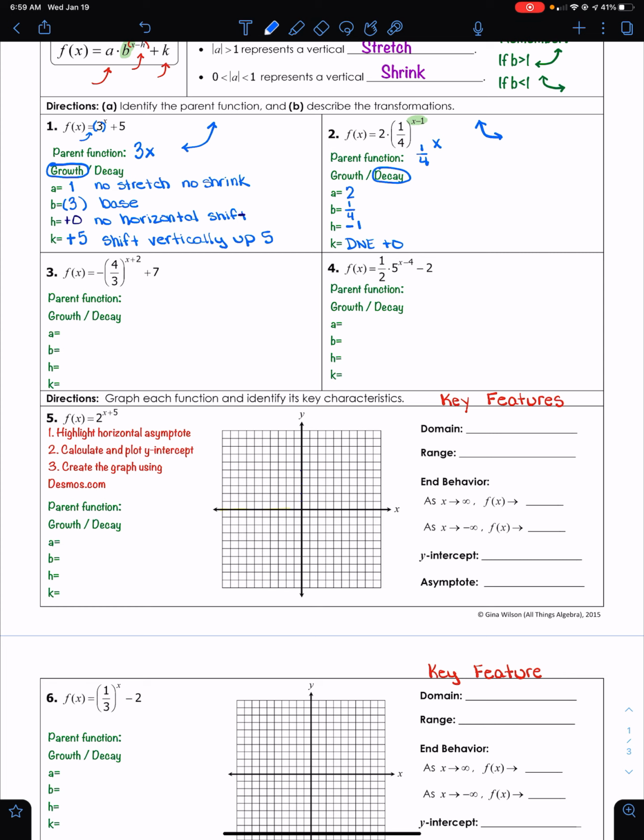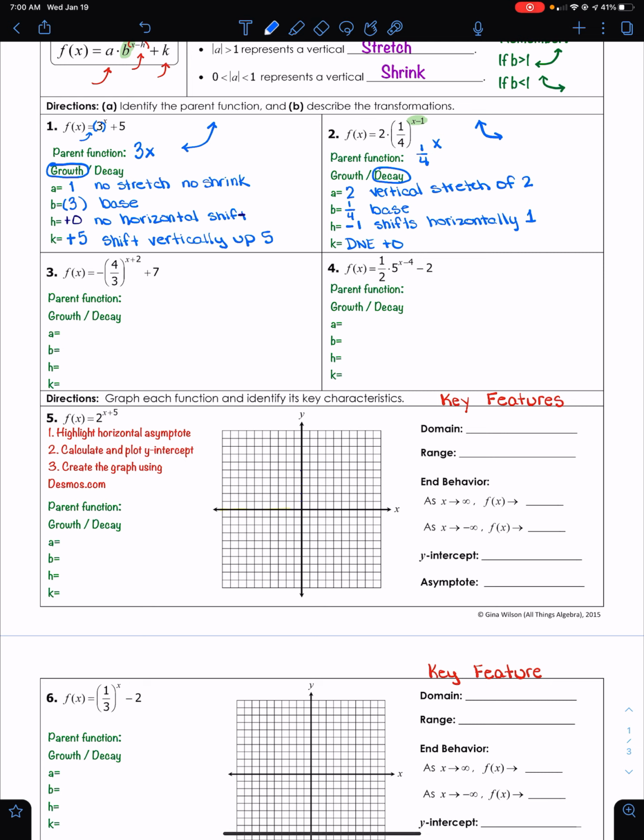All right, so on this one, there is going to be a vertical stretch since it's greater than 1. Vertical stretch of 2. The base is 1/4. -1 is it shifts horizontally. And that is going to be 1 unit.